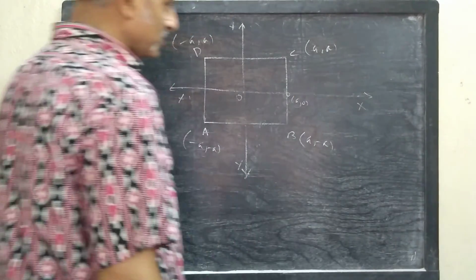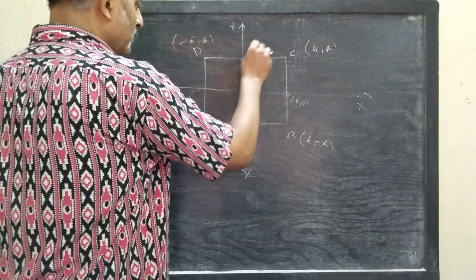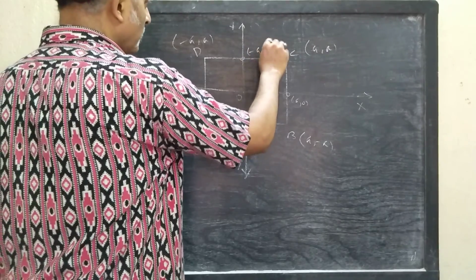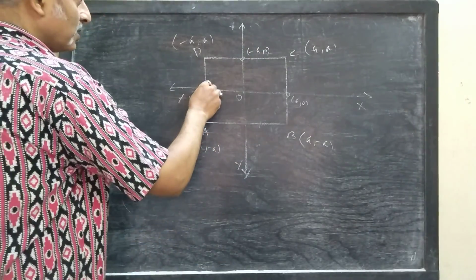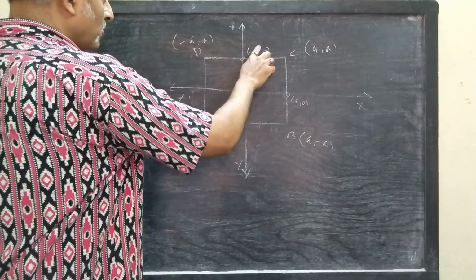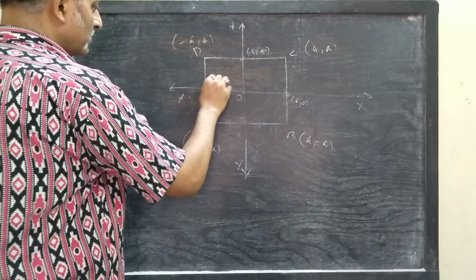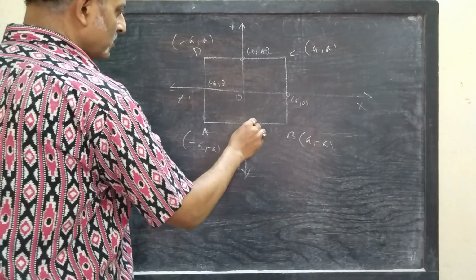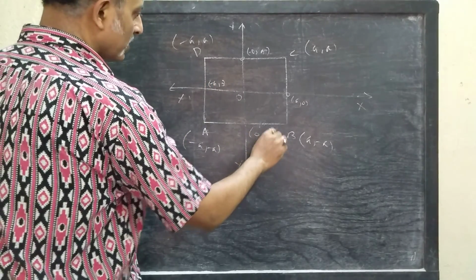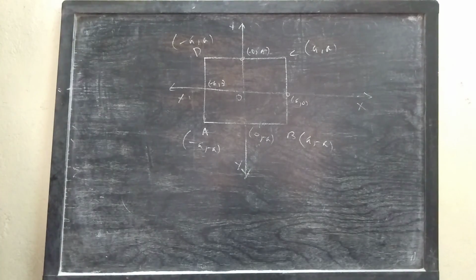If you want to write, this point is a, 0. Sorry, this is 0, 0. This point is minus a, 0. This point is 0, minus a. Okay.